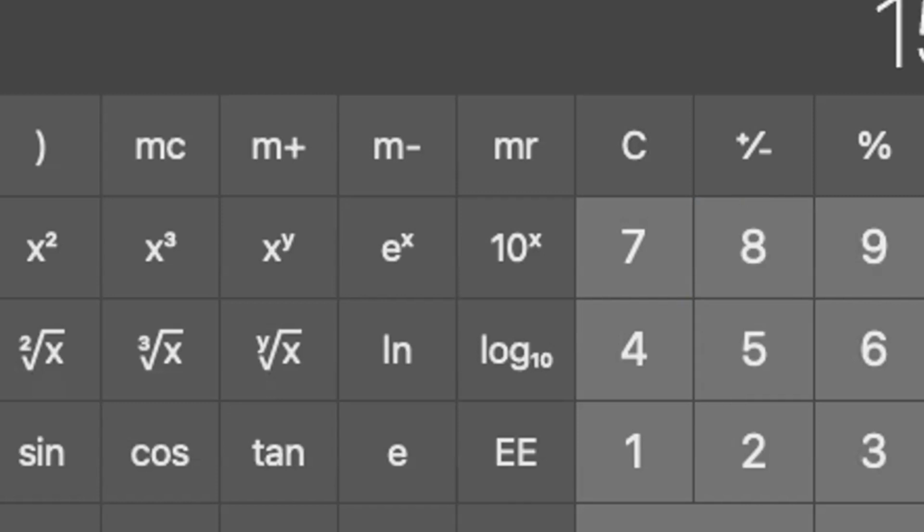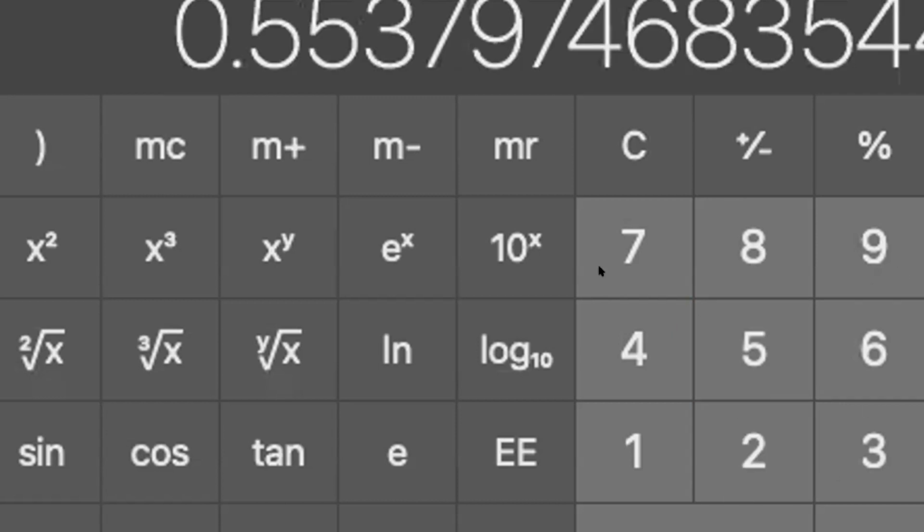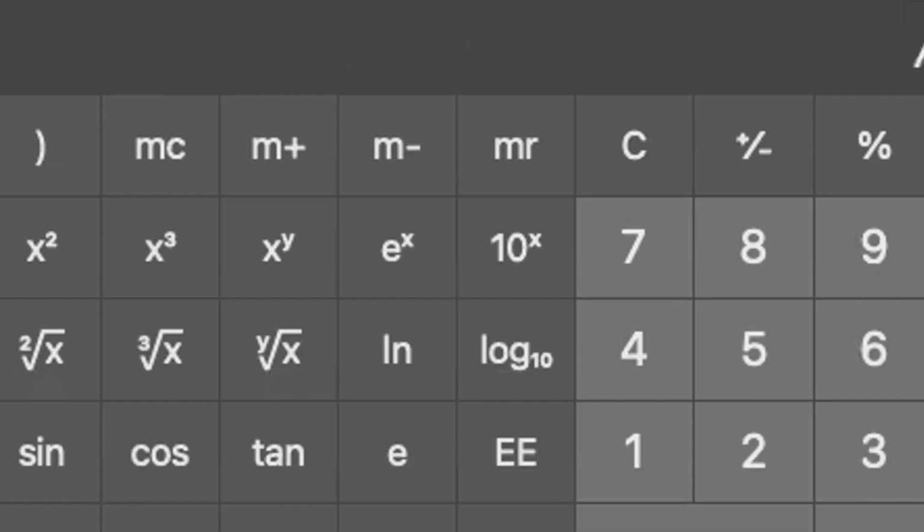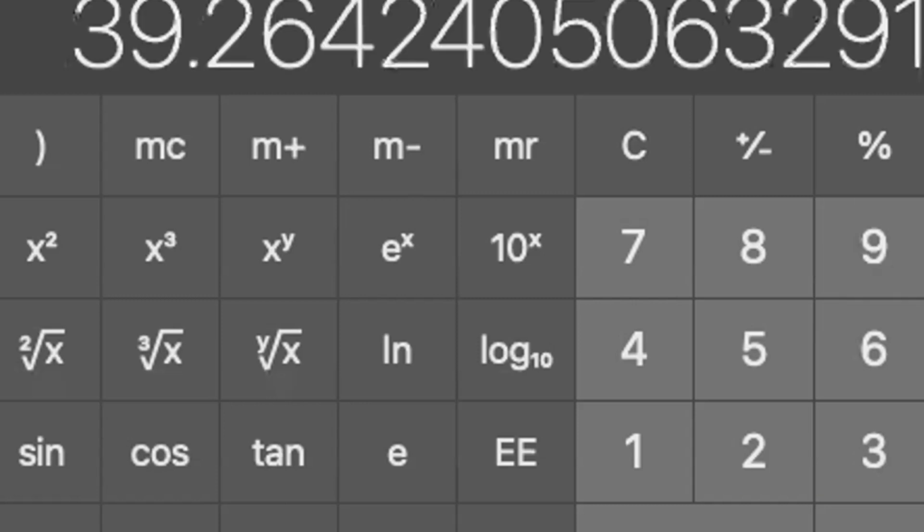And I'm going to multiply by 5 and divide by 2 and multiply by 70.9. Then hit equals. 39.26. According to my problem, I have 3 significant figures. So I'm going to say it's 39.3. 39.3 grams of chlorine. That's for the first one.